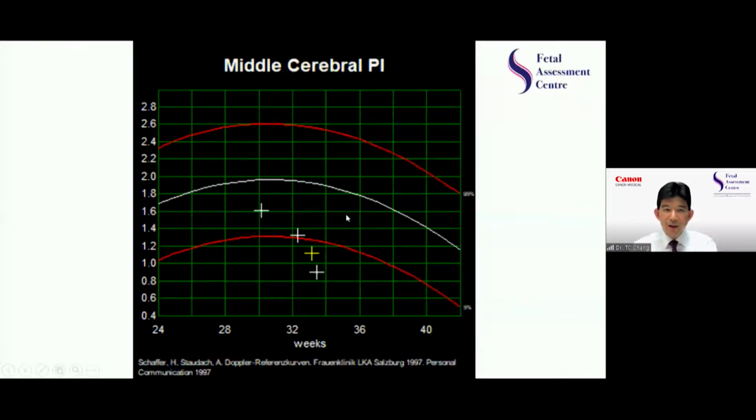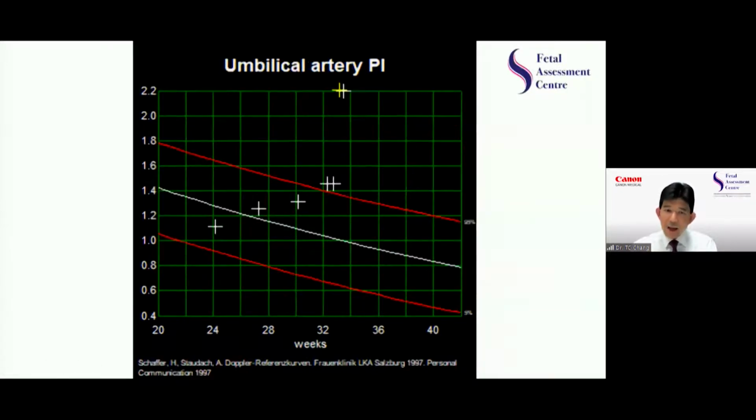I kept monitoring the middle cerebral artery Dopplers. You can see there's a progressive reduction in the PI of the middle cerebral artery, which demonstrates brain sparing. And I kept monitoring the umbilical artery Dopplers until I got to a stage where they demonstrated absent flow in the end diastole, and the PI here was about 2.2.